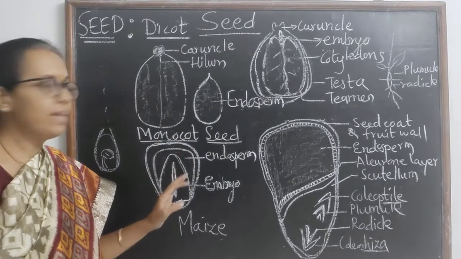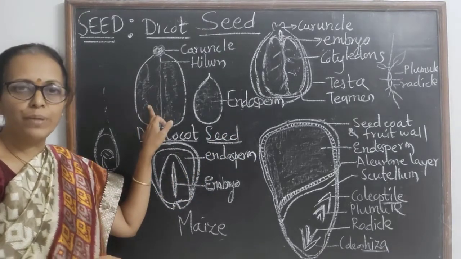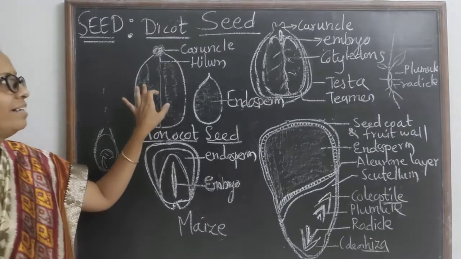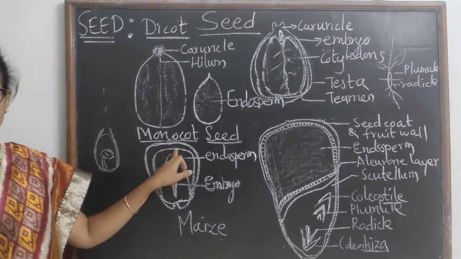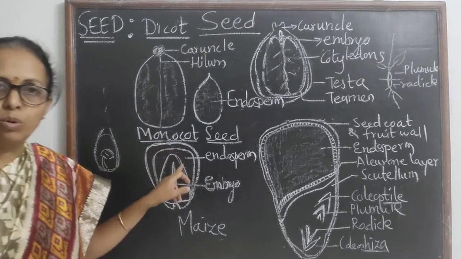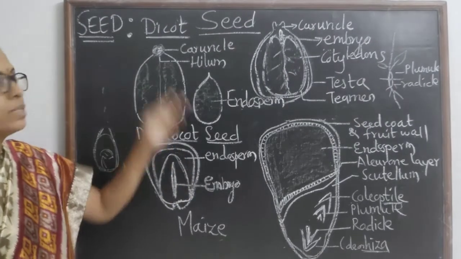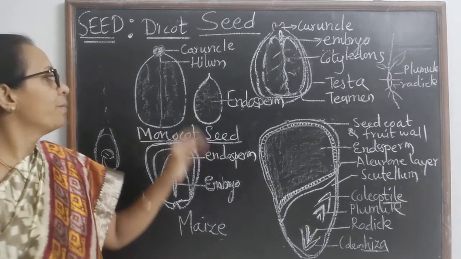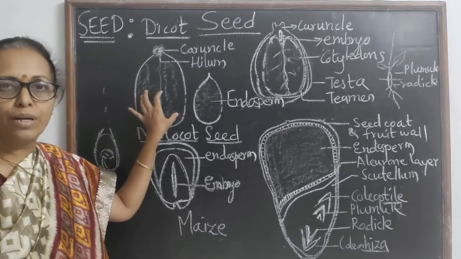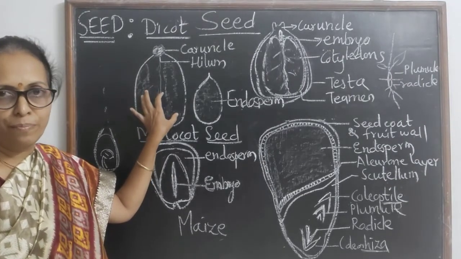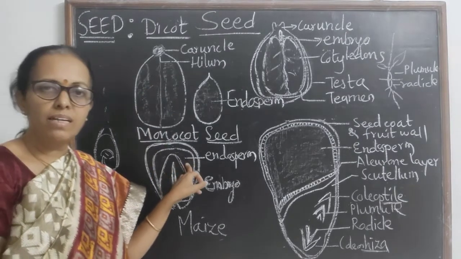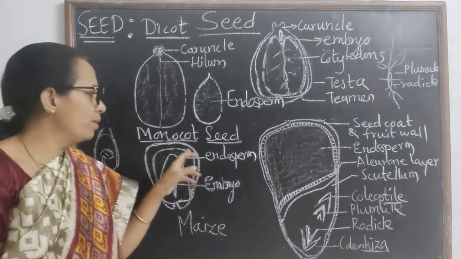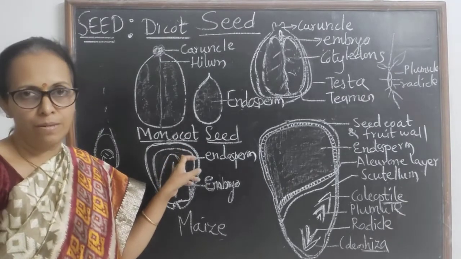So broadly speaking, we classify them into two types: dicot seeds and monocot seeds. Dicotyledony and monocotyledony. The terms themselves are suggestive that here two cotyledons are present, and it is called dicot, while the single cotyledonous seeds we call monocot seeds.